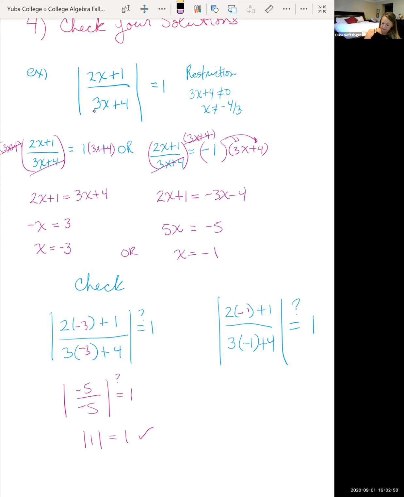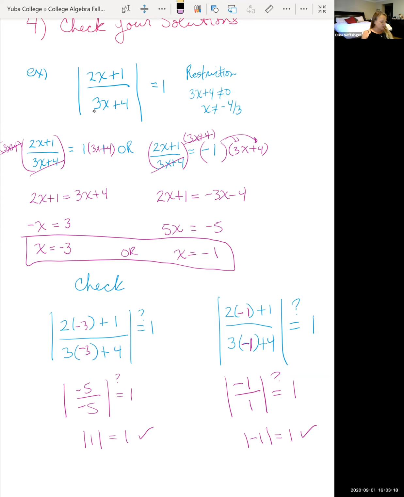Plug in -1 wherever you see an x. And the other one, so we have 2 times -1 is -2, plus 1 is -1. All over 3 times -1 is -3, plus 4 is 1. -1 over +1 is -1, but the absolute value of -1 is equal to 1, and so that one also works.